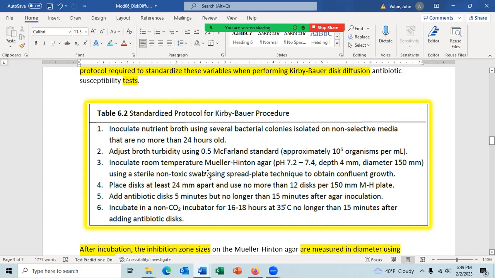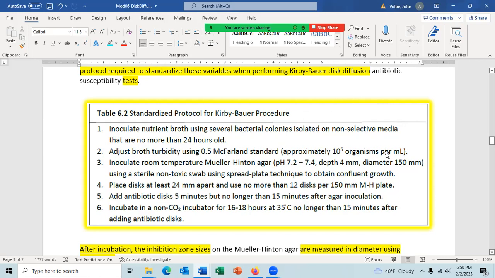You then inoculate the bacteria onto a Mueller-Hinton agar plate. We always use Mueller-Hinton agar because different media can affect the test. You do it at room temperature, and the Mueller-Hinton plates are always pH 7.2 to pH 7.4. They always have a specific depth, 4 millimeters, and a specific plate diameter of 150 millimeters.